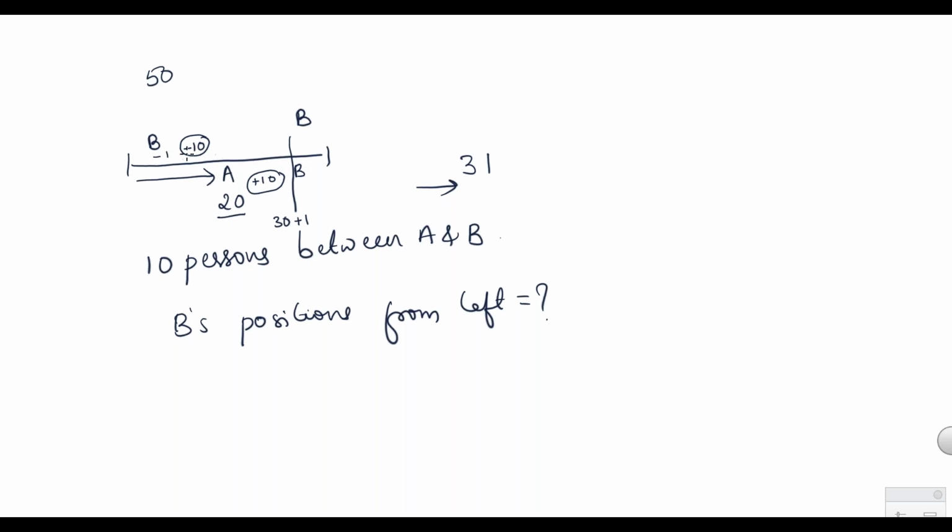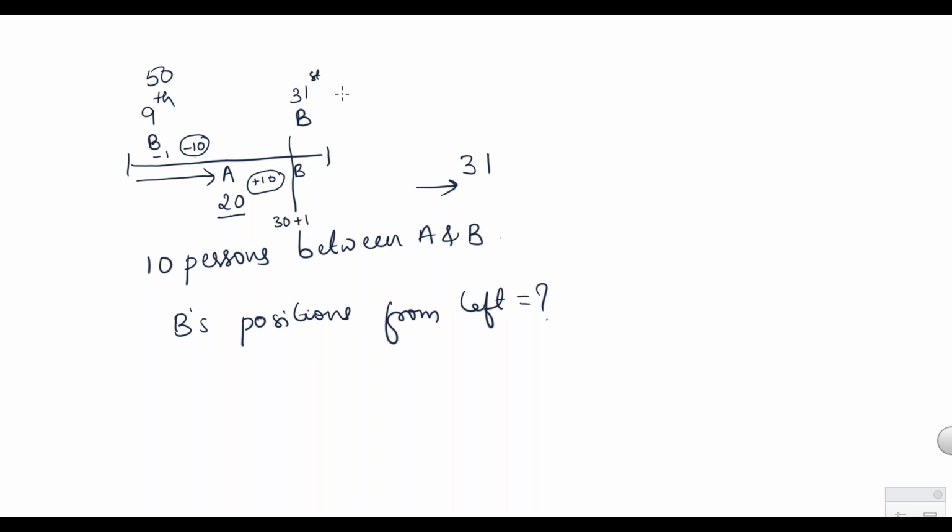That is minus 1. If I'm taking the right side, I'm taking plus 1. If I'm taking the left side, I have to take minus 1. That is 20 minus 10 minus 1. There is a possibility B is the 9th person. So there are two possibilities now.